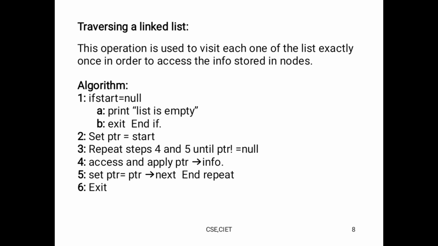In the next field we are storing the address of the element. The process is repeated until PTR is equal to null. This is the general process of the linked list, the algorithm representation.